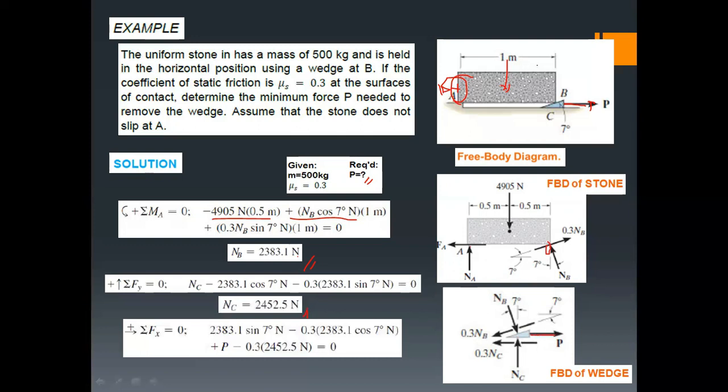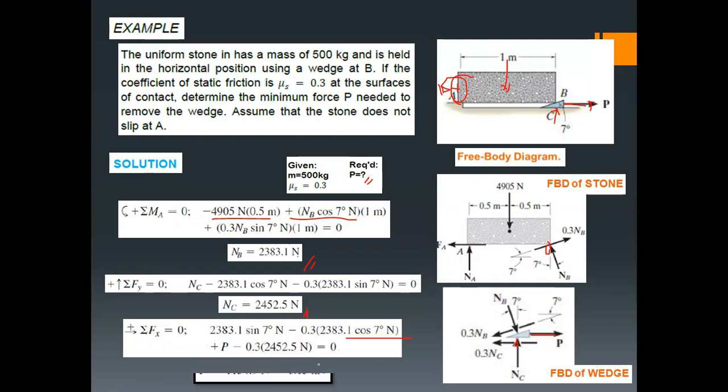So, our weights first: the reaction at B, or the force at point B. And then the summation of forces times 2,380.1 cosine 7, which is the horizontal of our NB, applied downward. Okay? And then plus P, times minus 0.3 NC, which is on the ground, or our surface acting at point C.